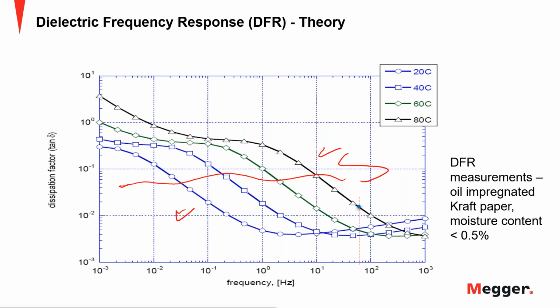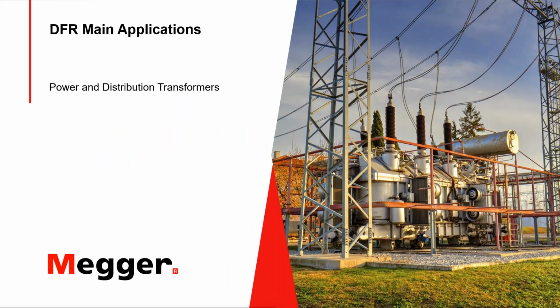So from this sample, taking and elevating the temperature from 20 to 40 to 60 to 80 degrees C, you can see that the same point, in this case 60 Hertz, corresponds to 10 Hertz at 60 degrees C, I'm sorry, or corresponds probably to 2 Hertz at 40 degrees C. It corresponds to another lower value in frequency at 20 degrees C. That's the way the information is being translated, and that's the way that we can properly estimate the individual correction or the temperature dependence of that insulation based on the DFR measurement.